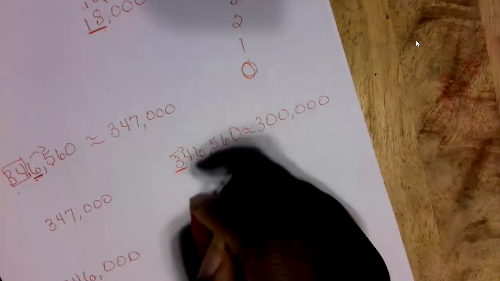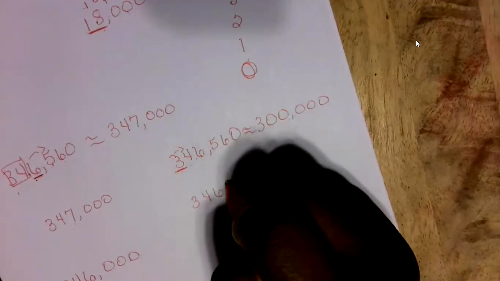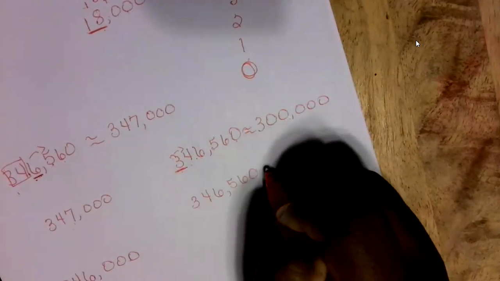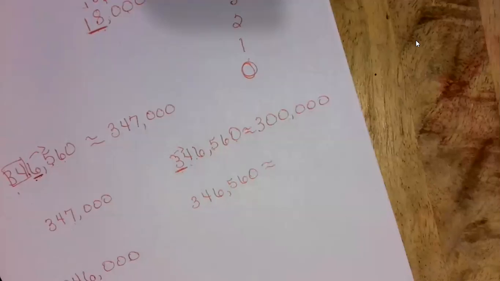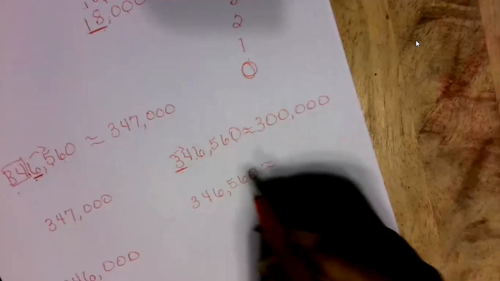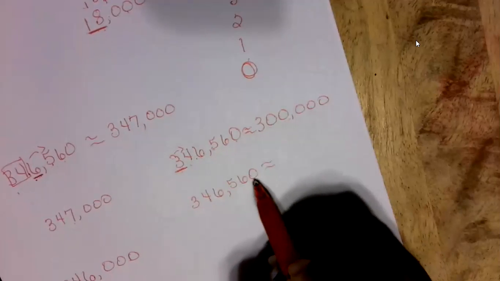So let's use that exact same number again, because we can definitely round using place value to different place values. So let's do 10,000 this time. So I need to find my 10,000s place.